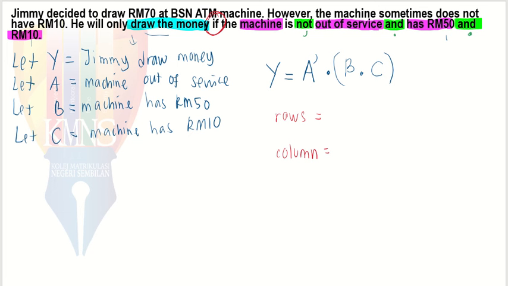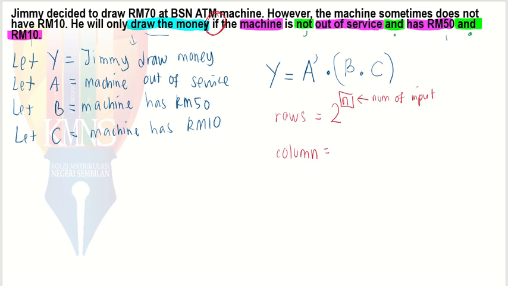Okay, so for the rows, as you know, the rows is 2 to the power of n, whereas n represents the number of inputs.